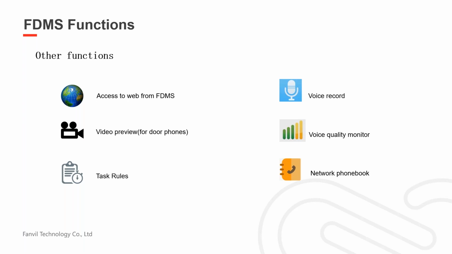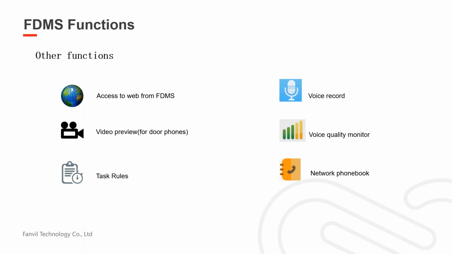So the administrator just logs into the FDMS server, presses a button, and then if the device is online, the web page will be opened, even for devices behind the LAN network. It will be very helpful, and it is unique and developed by Fanvil, not other manufacturers. This is the access to web from FDMS.